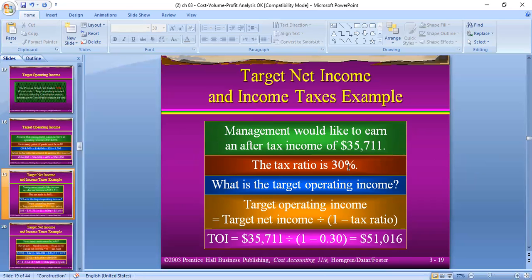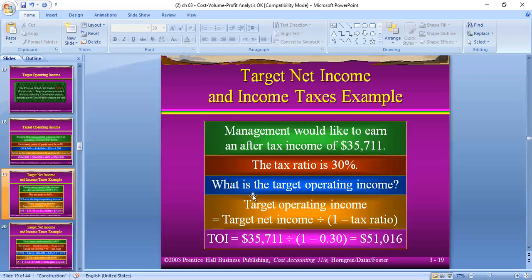Suppose 100% is the operating income, just one. If deducting 0.3, I mean 30%, then 1 minus 0.3 gives 0.7, that is 100% minus 30% gives 70%. If dividing the 35,711 by 70%, it gives you the operating income needed.